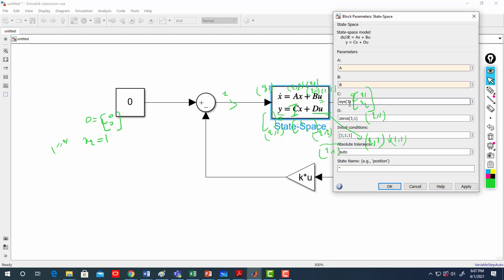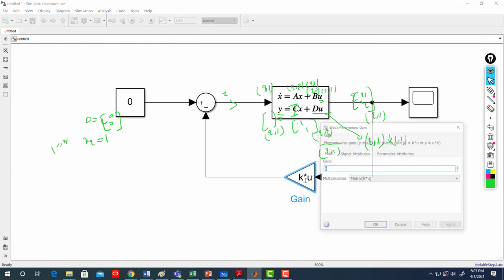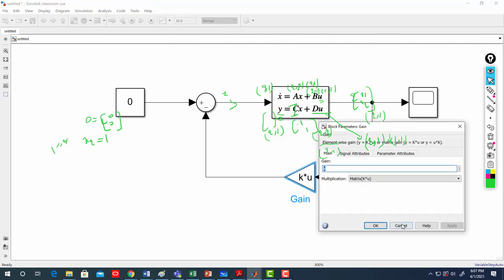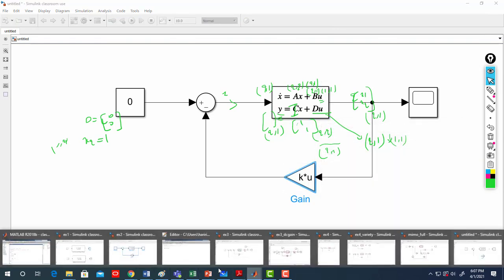An identity matrix is 2 by 2, and this is 2. Apply. Alright, your K is defined, it is in your workspace.